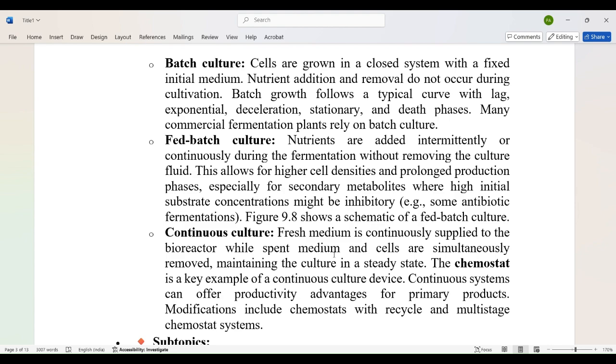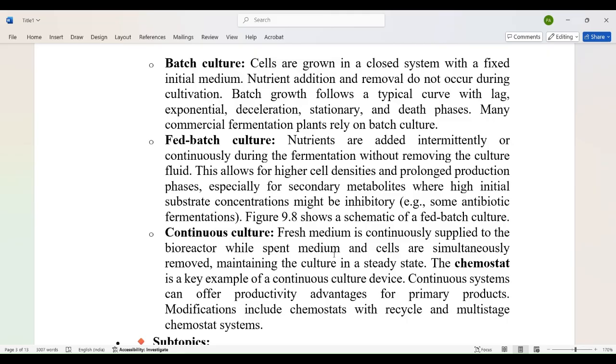So, as per the requirement of the bacterial growth, at some intervals we will add nutrients externally. For example, after each 3 hours, fresh nutrients are added to the bioreactor.